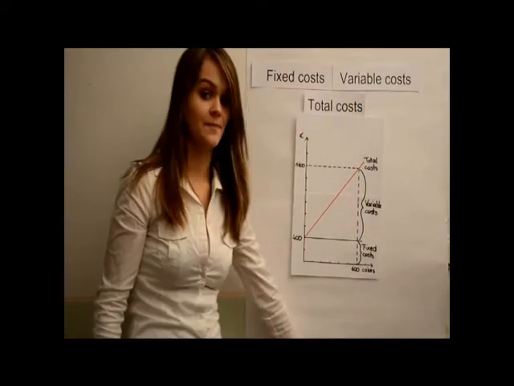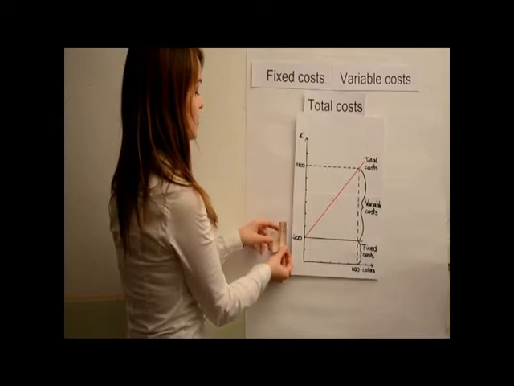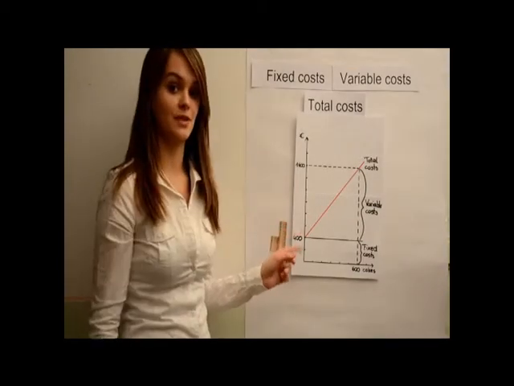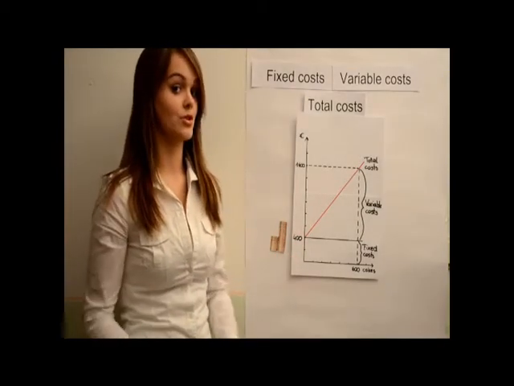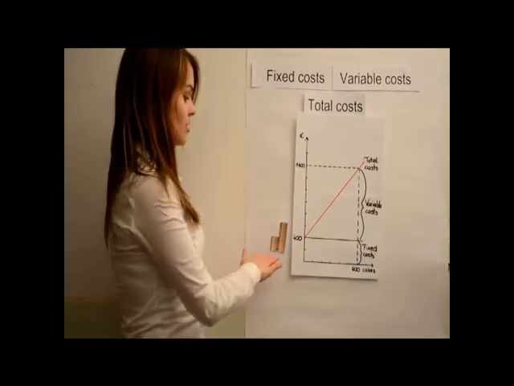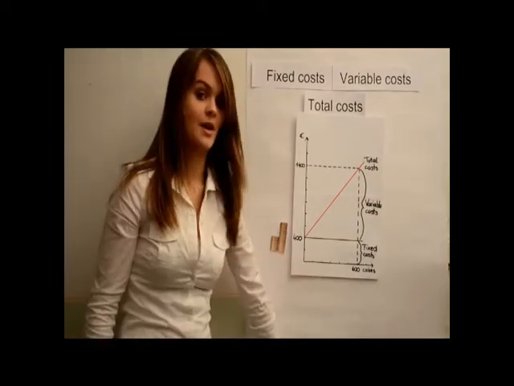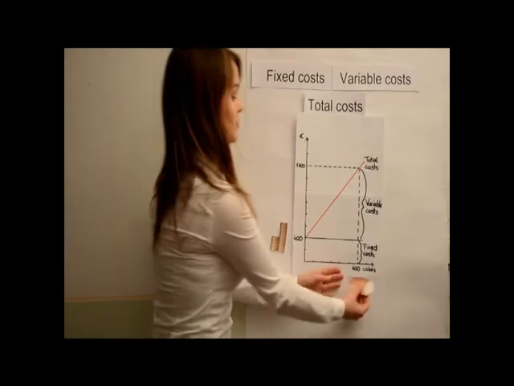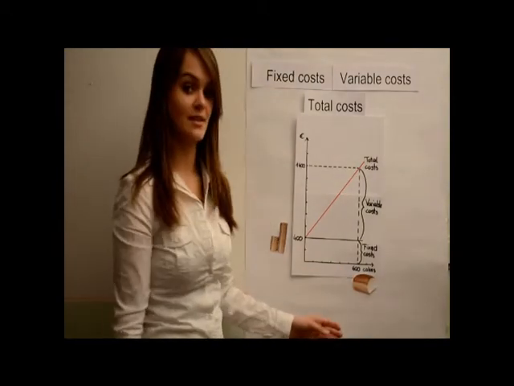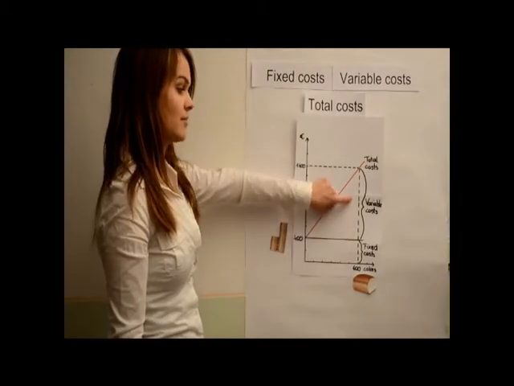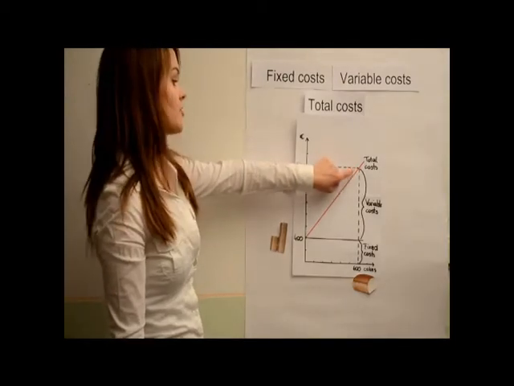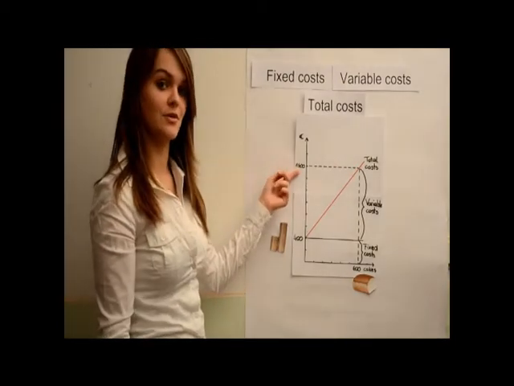As you can see here, our bakery has fixed costs in the amount of 400 euros. If the bakery produces no cakes, the total costs are 400 euros. But if the bakery, for example, produces 600 cakes, you have to add the variable costs per cake. And so you have total costs of 1,600 euros.